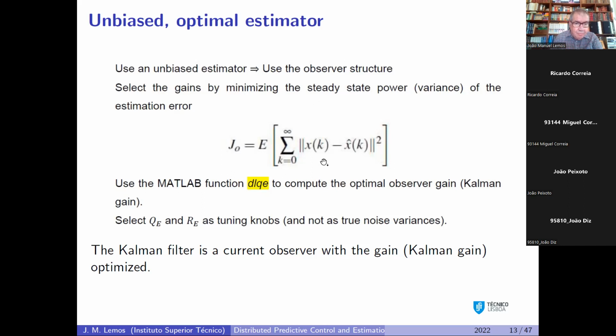And then you say, I want to minimize the steady state power or variance of the estimation error. So I take the expected value of the sum of the norm square of the error. This is the error, okay?